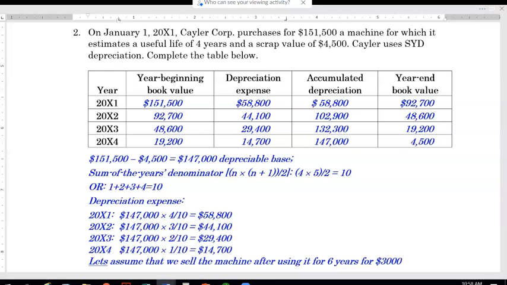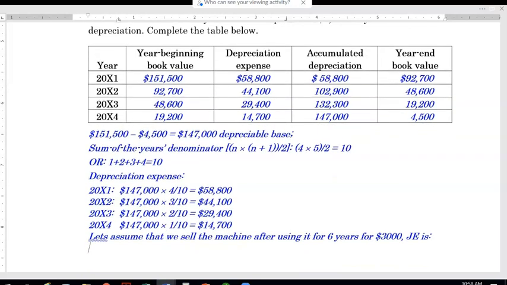So we sold it. The journal entry is, here we go. First we got cash. That's easy, right? So cash. We got cash, and here is a debit.